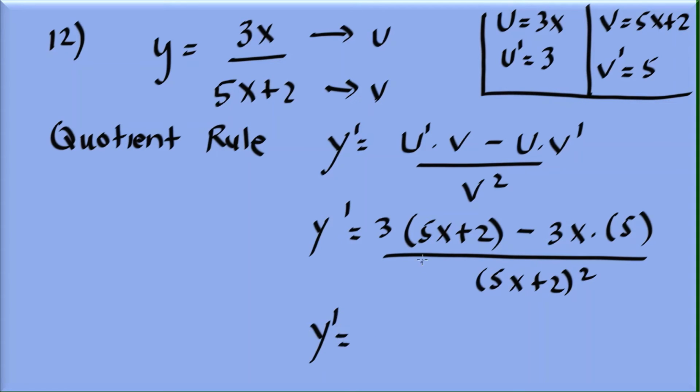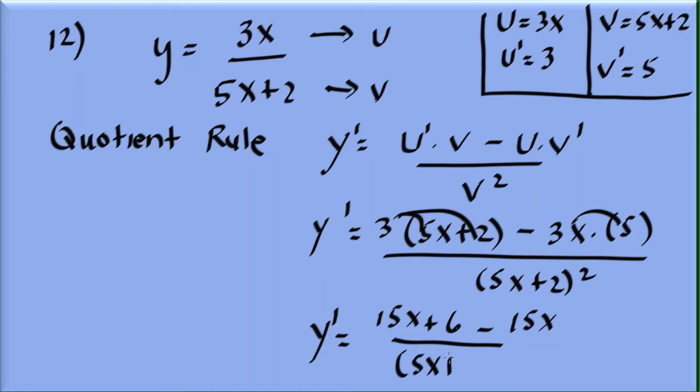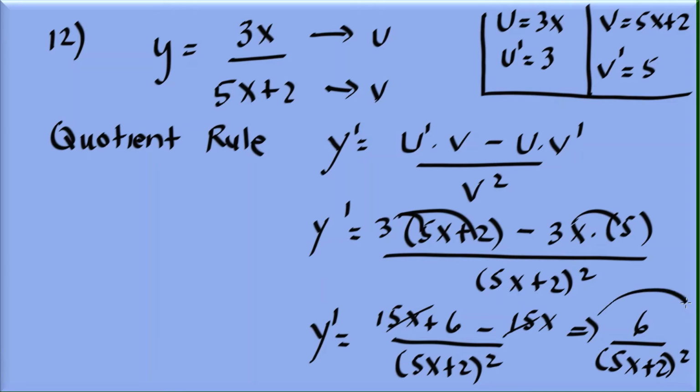So our y prime will be 15x plus 6 minus 15x, okay, over 5x plus 2 squared. And cancel those 15x and minus 15x. So what we got is 6 over 5x plus 2 squared. Alright, so that's purely quotient rule.